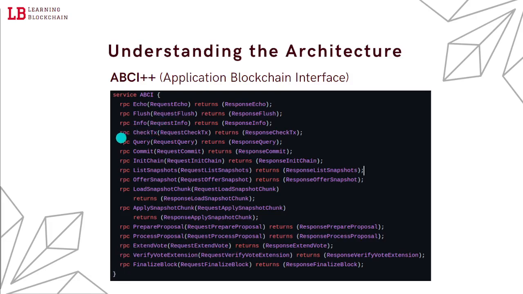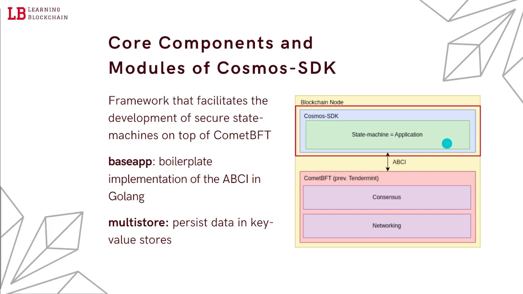Also, you have the Query method that is used for queries, and CheckTx, which we previously saw how it works. But yeah, we will go through this in more detail in Module 3.